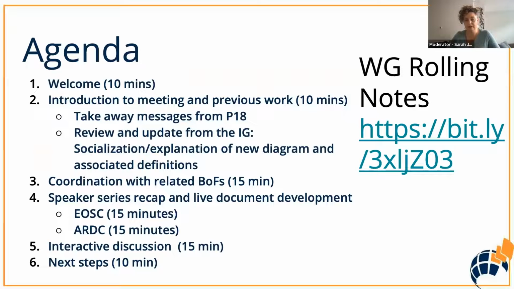Within the working group, we've been trying to understand what's happening in different commons initiatives. So I am involved in the European Open Science Cloud, which is essentially trying to federate the data infrastructure in Europe. And Andrew works in a parallel initiative in Australia called the Australian Research Data Commons. So they're 2 examples. And we're going to give some information that's been presented in the speaker series on those.